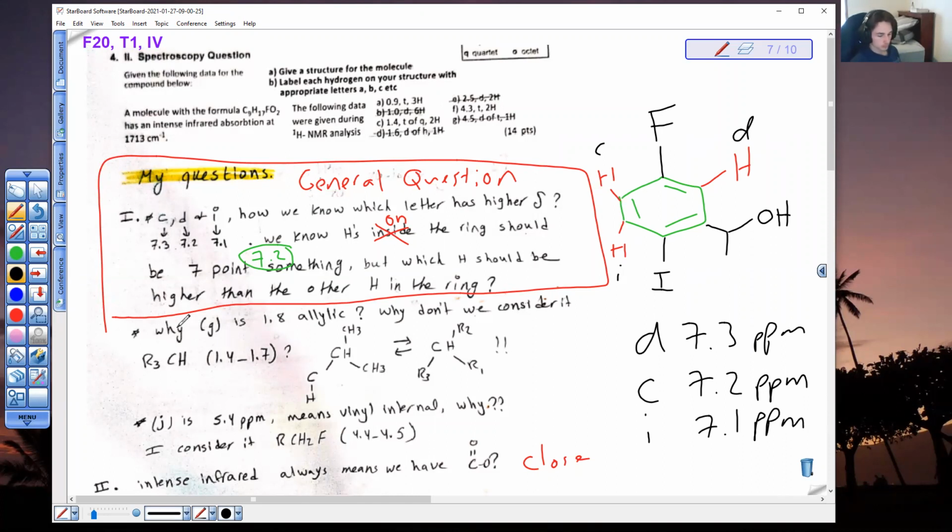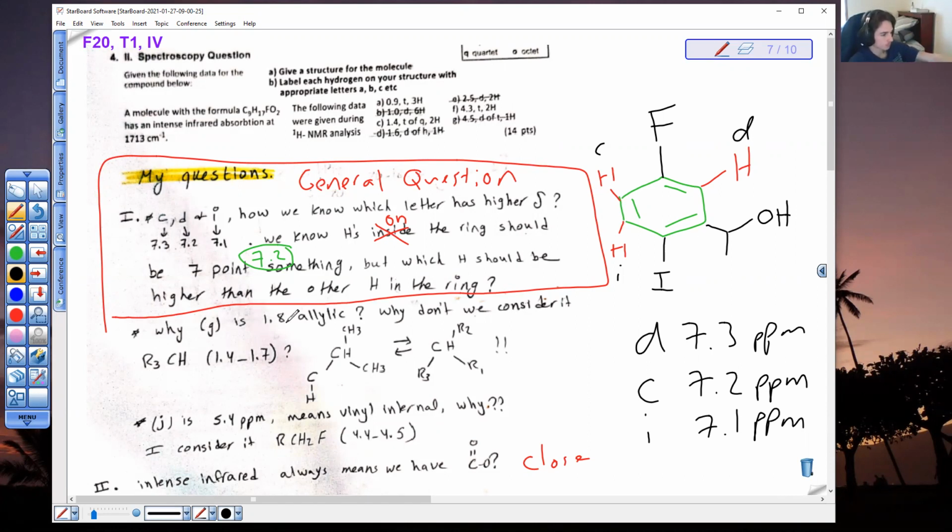And she was asking why G is 1.8 allylic, why not consider it 1.4 to 1.7 R3CH? It's a good question. They're both in the realm of possibility. Well, it's not G here, is it? She's asking about probably the one from the previous page. If I see a 1.8, do I always have to think allylic?